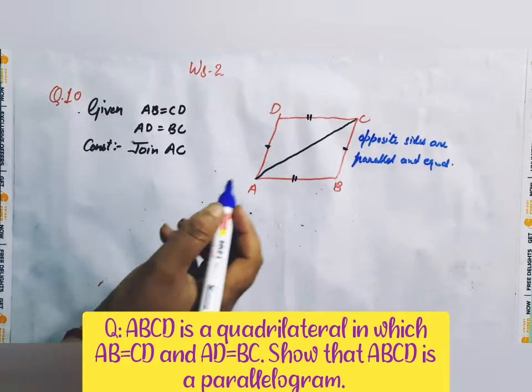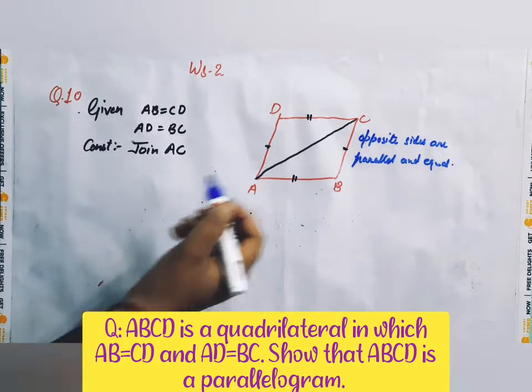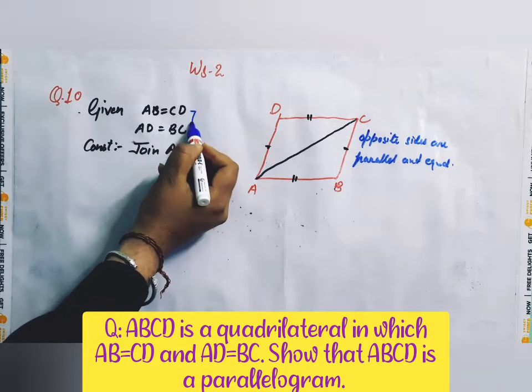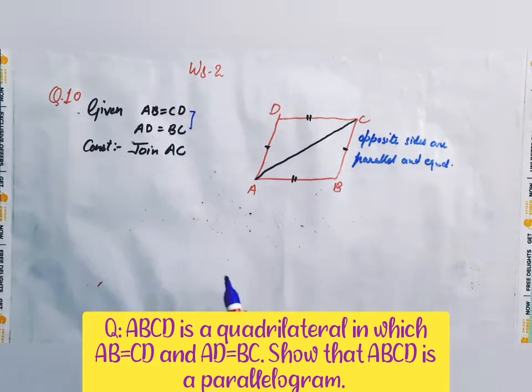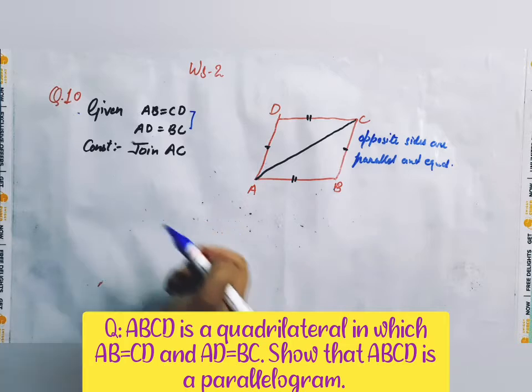If opposite sides are parallel and equal, then these are equal given already and we have to prove that these are parallel. How can we prove?